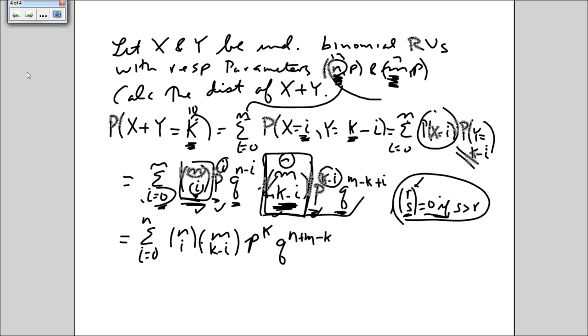And anything that doesn't have i's in it can factor out in front, as long as they're factors. Everything's being multiplied. So the p to the k, the q to the n plus m minus k, times the summation of n choose i times m choose k minus i.